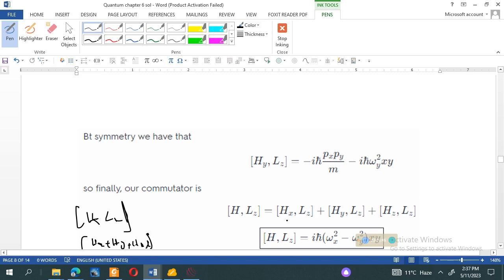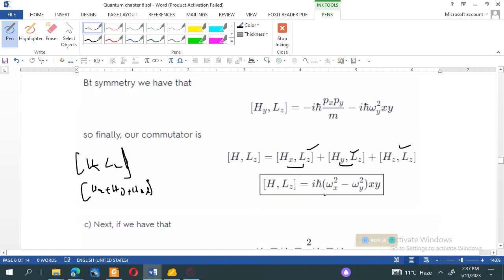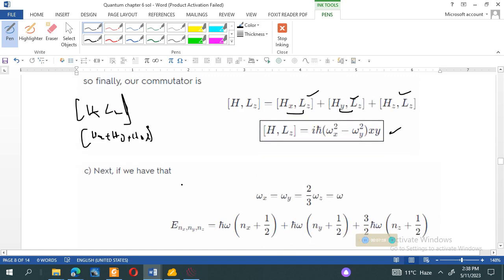So this will be Hx with Lz, Hy with Lz and Hz with Lz, then we will sum all of these commutators by putting in the values from before. This will give us the commutator of H and Lz equal to iota h cut omega x square minus omega y square into xy.